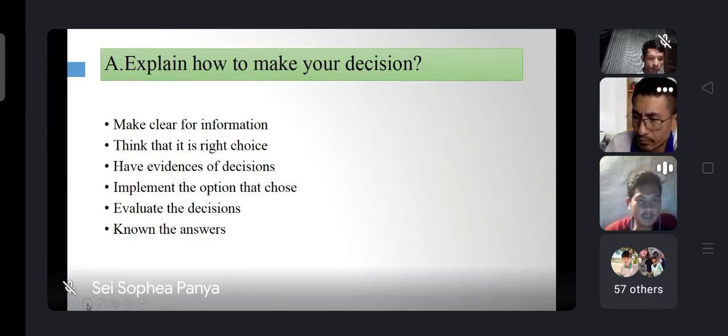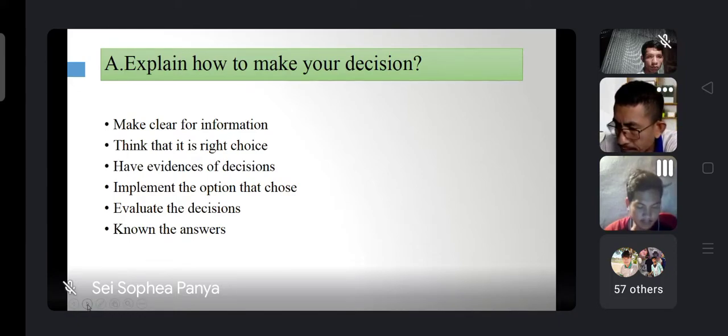have evidence of the decision. When you decide to choose something, first you need to have evidence or an example to show it. For example, in an exam, the teacher will give you 5 exercises, and in one exercise there are 5 answers to choose from, like A, B, C, D, E. If you are clear on the answer, you can choose easily.